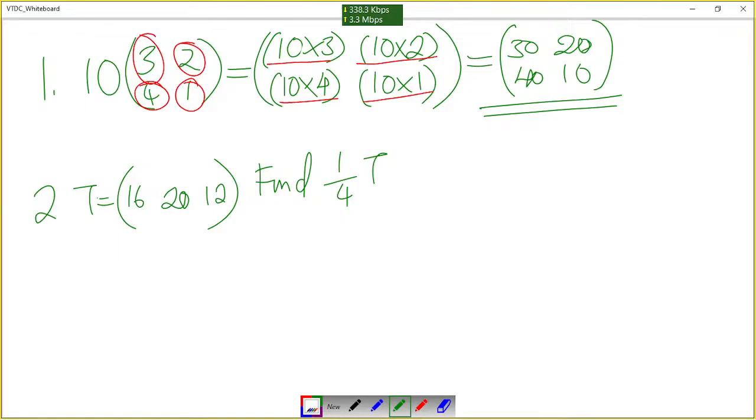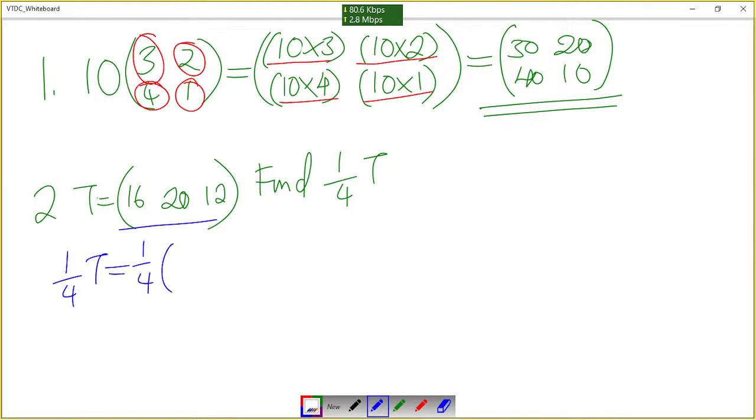Okay, we come to question 2, which is T is equal to 16, 20, 12. Find 1 over 4 T. So first what we need to do is rewrite the same statement. So we say 1 over 4 T is equal to 1 over 4 times the value of T, that is this matrix.